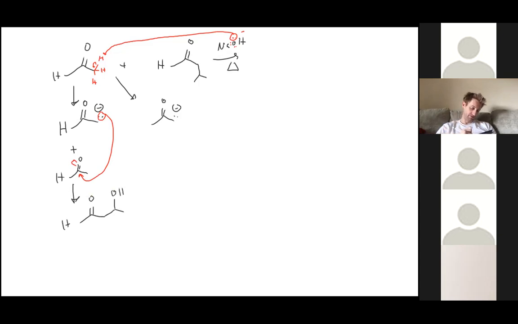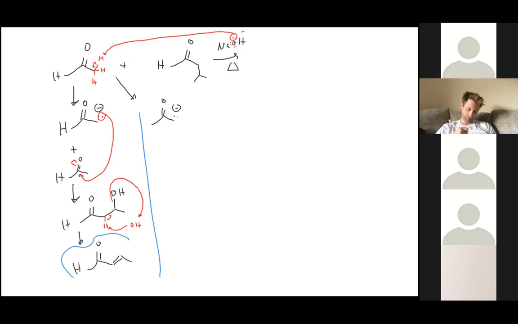and then because we're in heat, we could pull off our proton again. Get our condensation product, like so. So that's product one. Product two is where this is going to interact with our other aldehyde.